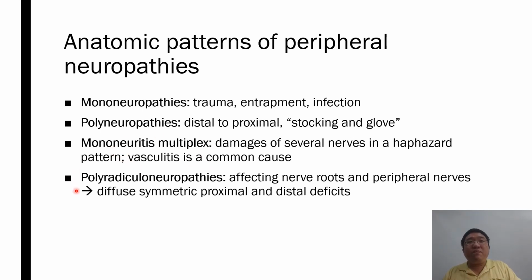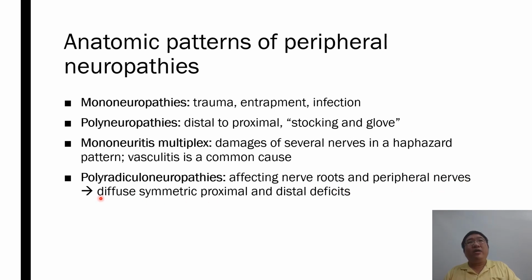And the fourth group is polyradiculoneuropathy. Poly means multiple. Radicular means nerve root. So there is a problem with the nerves affecting multiple nerve roots. The disease affects nerve roots and peripheral nerves.